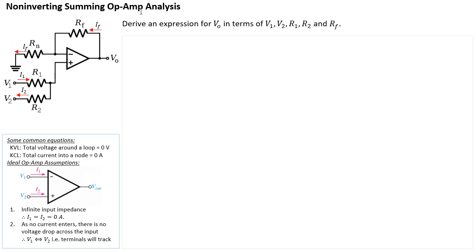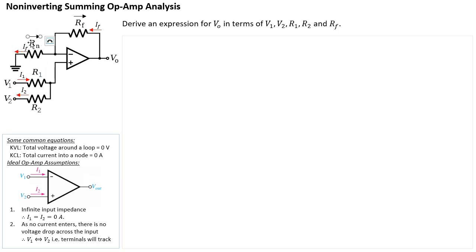In terms of voltages, if I want to look at RF, current is going from right to left, so the voltage will be positive to the right of RF. Similarly for Rn, it will be positive on the right because the current is flowing from right to left.